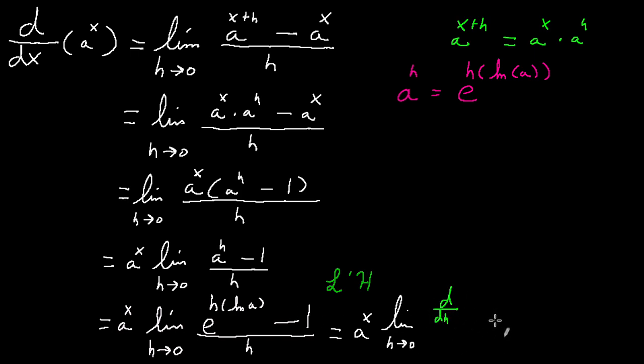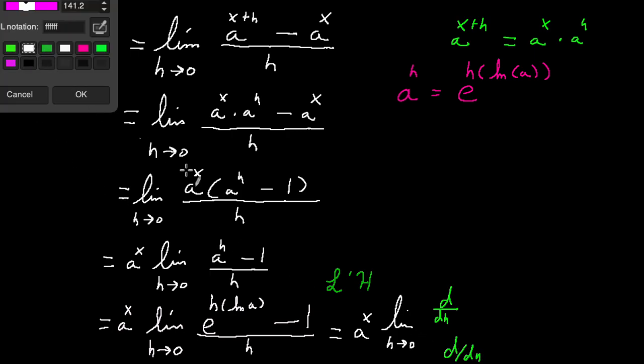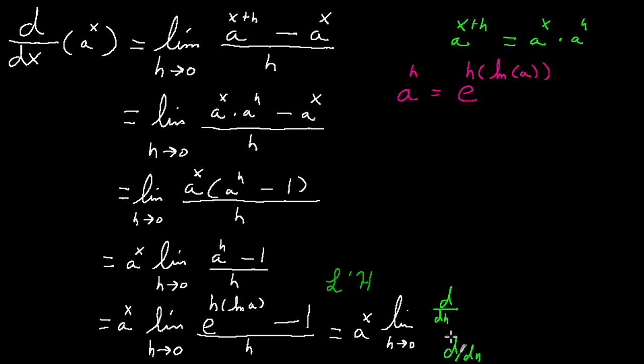I'm going to take the derivative with respect to h. Okay, that's kind of crazy, but I'm going to do it top and bottom. Kind of crazy, but I think it might serve us. We will see.